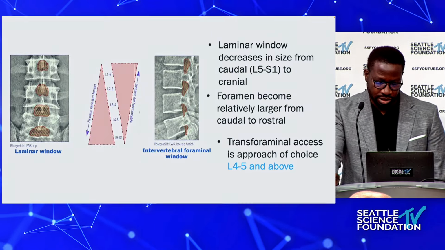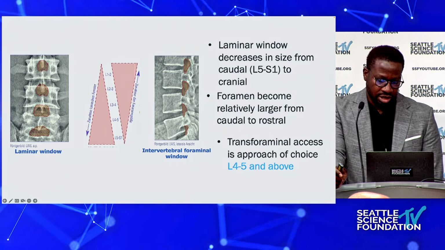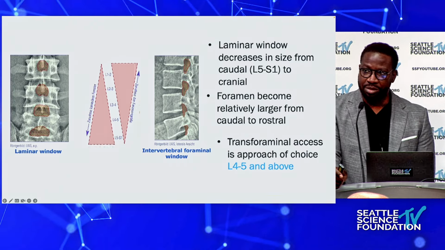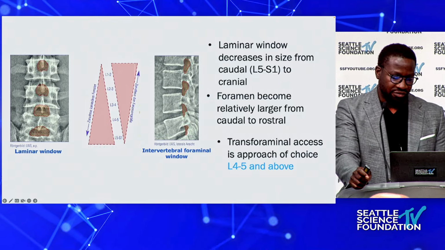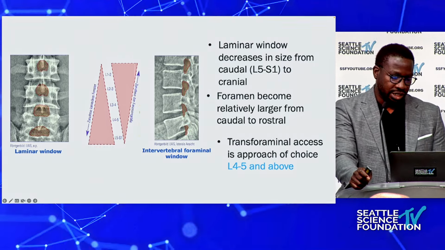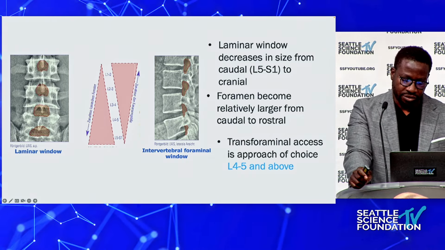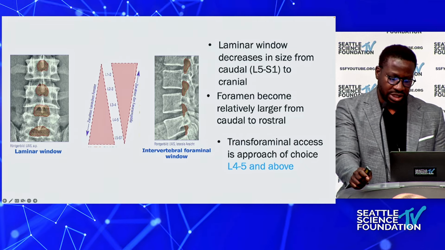So this is a kind of recap of yesterday's presentation that Meng gave, and pretty much you can see that the interlaminar window, as you start at L5S1, it's really wide, and as you go further up the levels in the lumbar spine, it gets more and more narrow. Whereas for the transforaminal approach, it's the opposite.